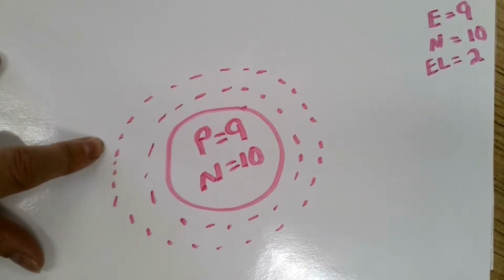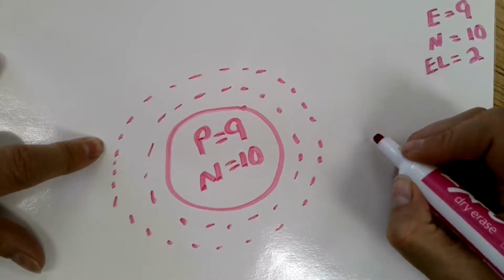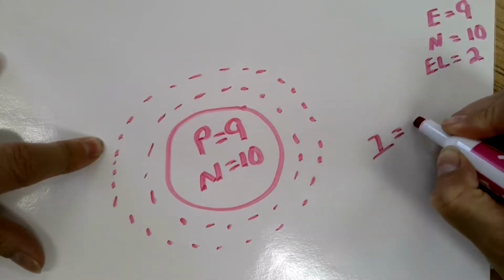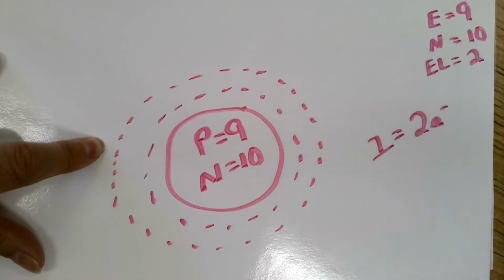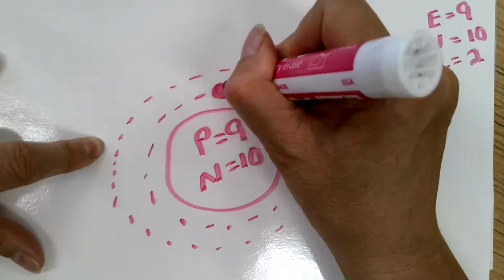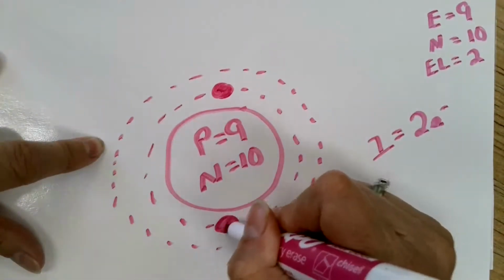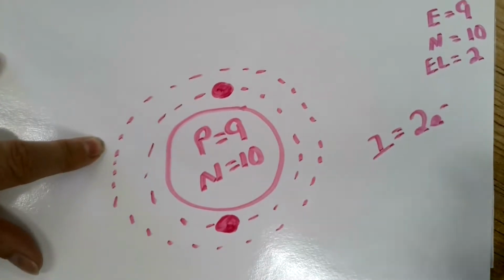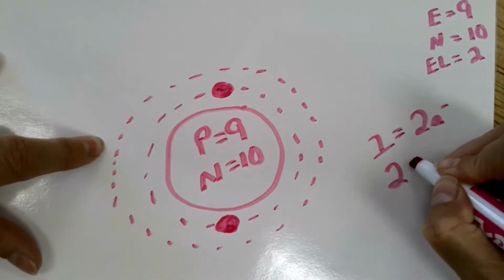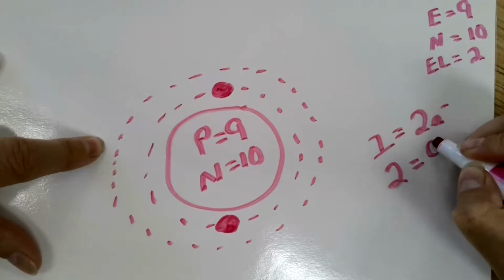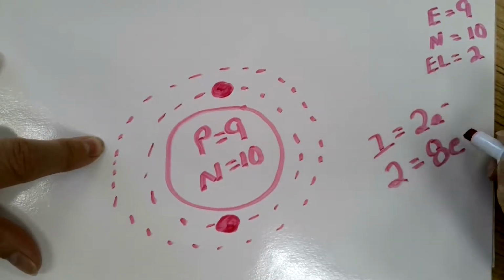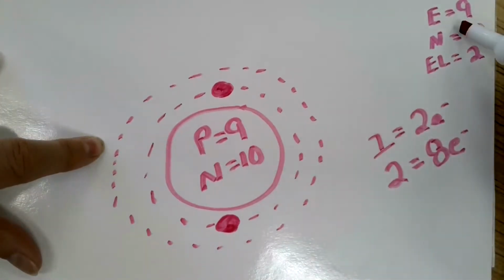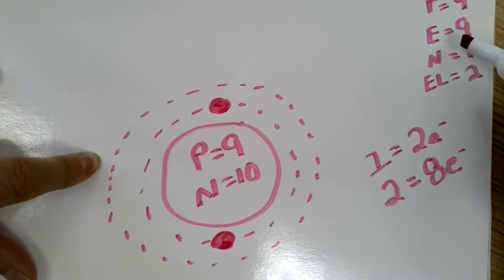Now I need to place the electrons within each energy level. Remember, energy level 1 has 2 electrons, so I'm going to put 1, 2 electrons. There's my dot. Then if I recall, energy level 2 can hold 8 electrons, but I only have 9 electrons.